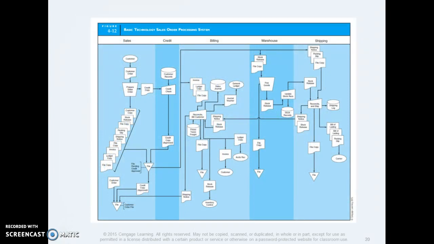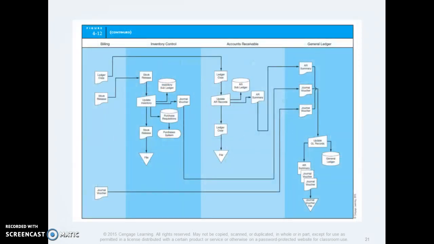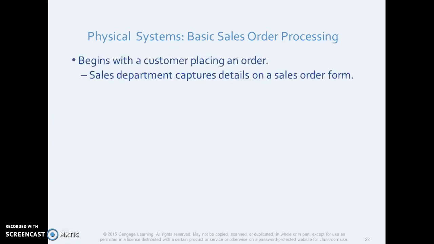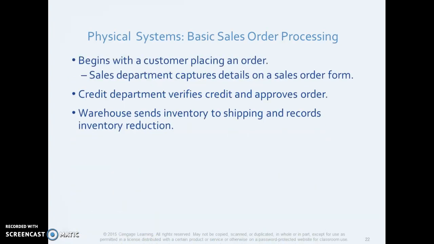So this is a basic technology sales order processing system. You see the billing, inventory control, accounts receivable, general ledger. These are the systems now. It begins with a customer placing an order. The sales department captures the detail.